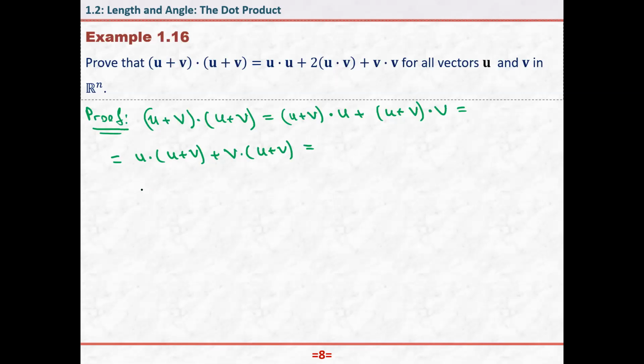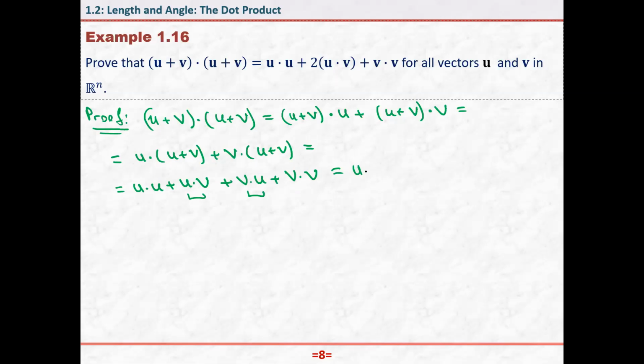Now again, using the associative property, I can write it as u dot u plus u dot v plus v dot u plus v dot v. Also we know that u dot v equals v dot u, the first property.